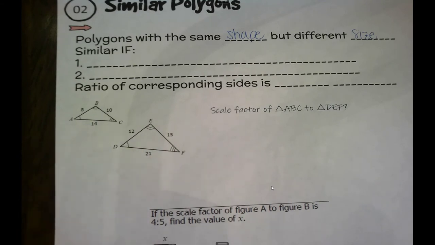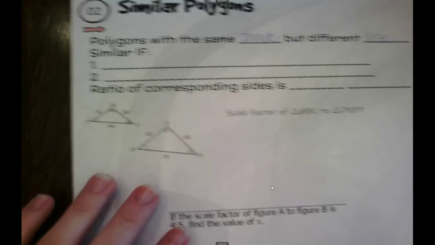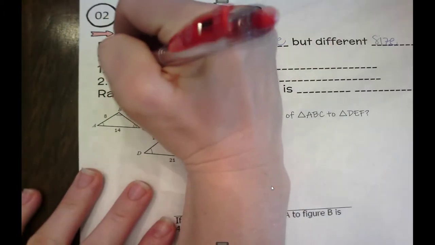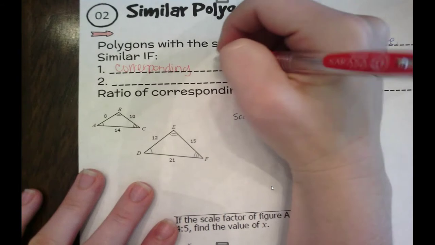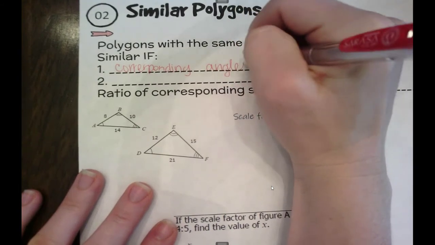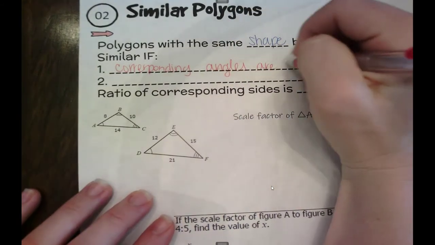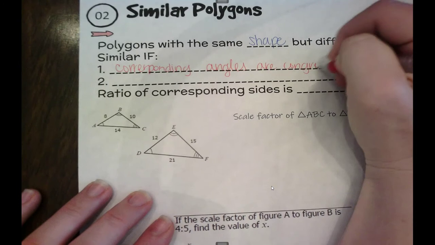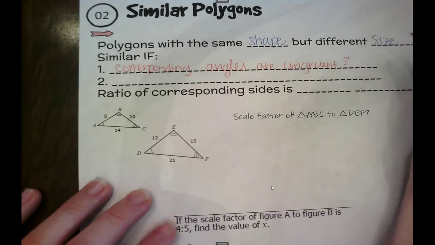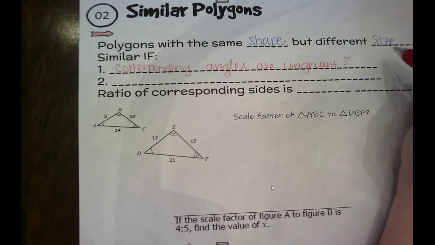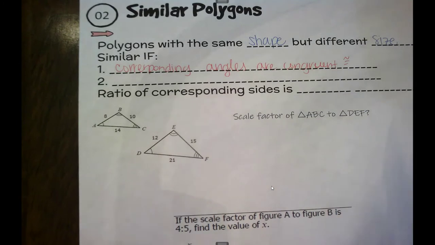And they are similar if our corresponding angles are congruent, meaning they're the same measures, right?